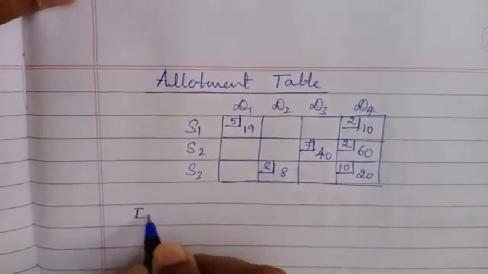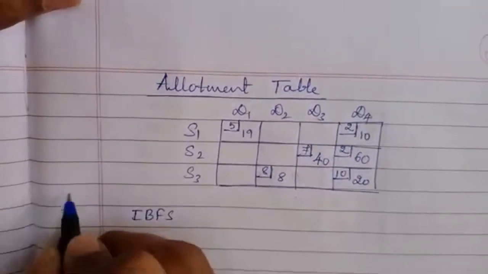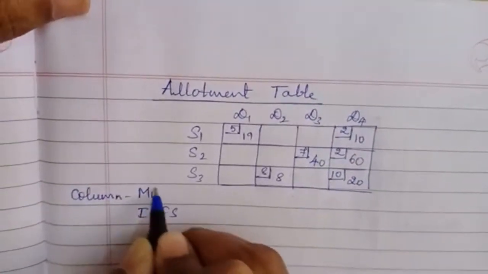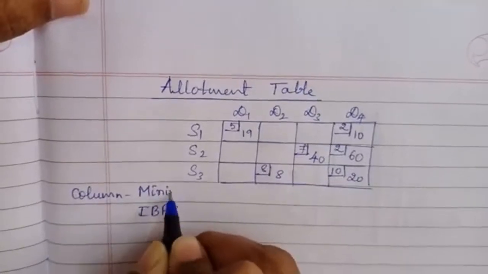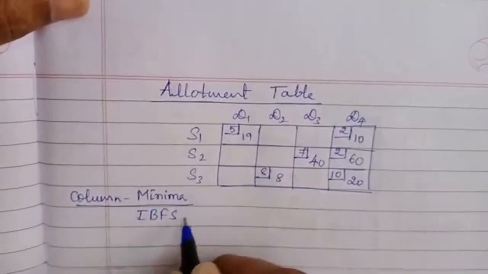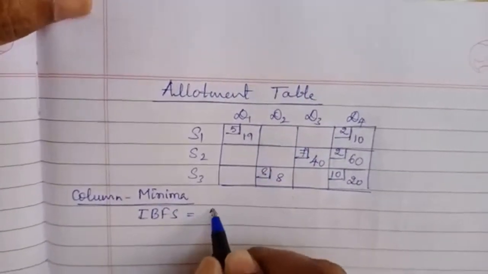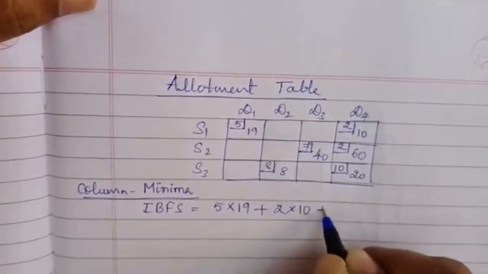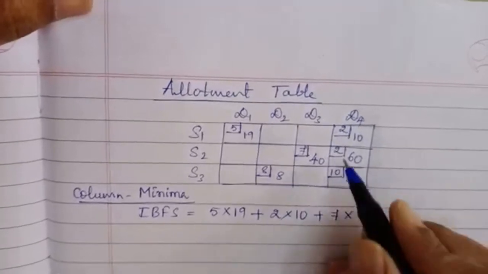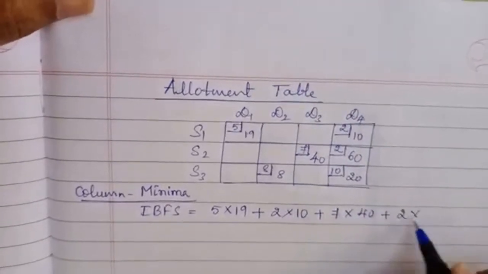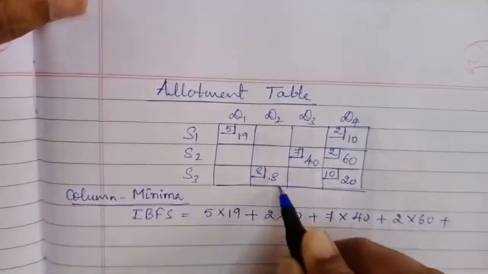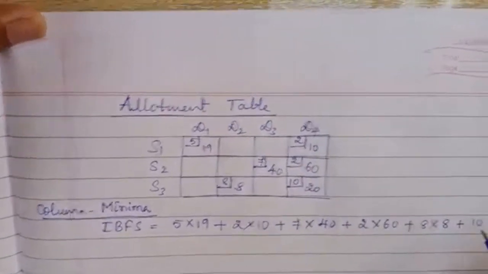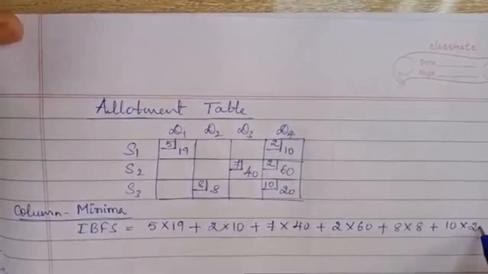Now we will find the initial basic feasible solution from the column minima method. I am writing the name of the method here once again. So it is allocation times cost. Two into 60 plus 8 into 8 plus 10 into 20, and so on.